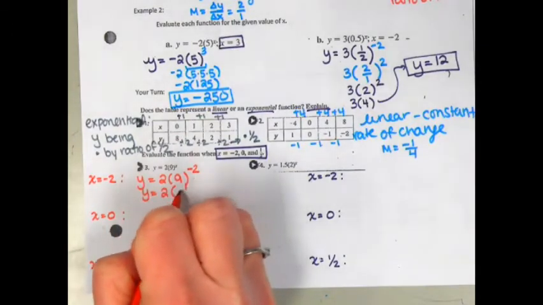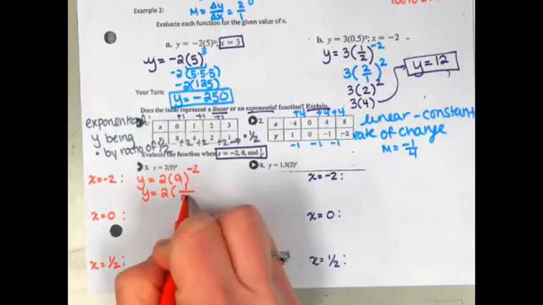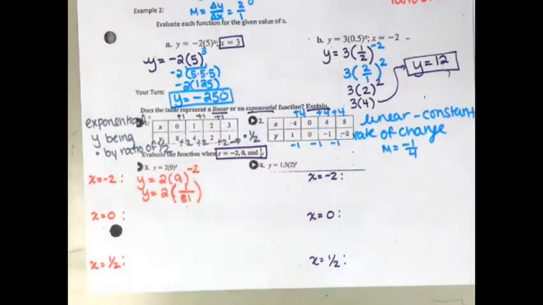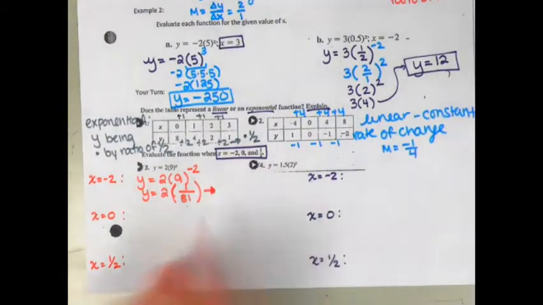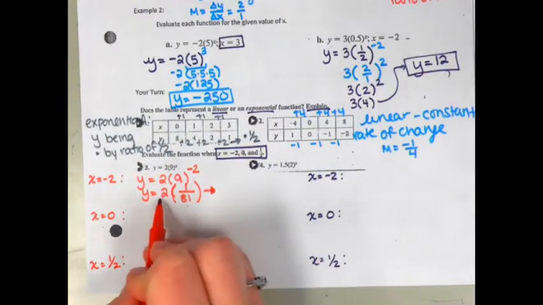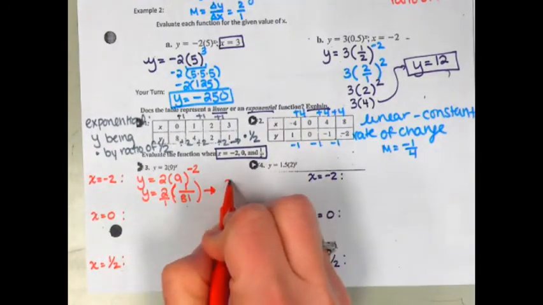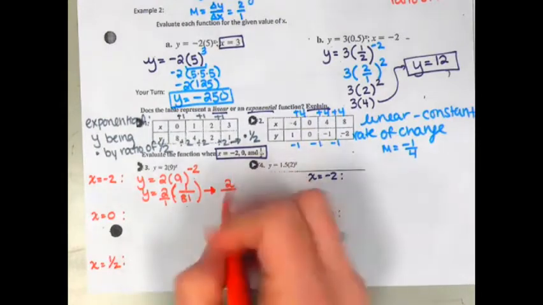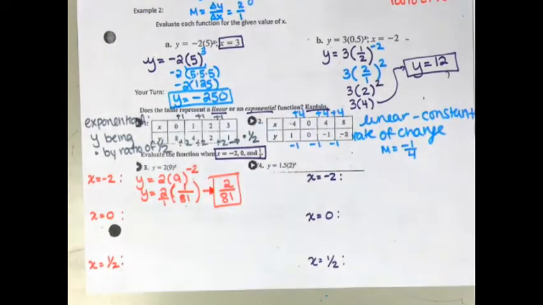So this is 1 over 9 squared, which is 81. So 9 to the -2nd power is 1 over 81. Now what's 2 times 1 over 81? Remember, 2 is the same thing as 2 over 1. So 2 times 1 is 2, over 1 times 81, 81. So we just have 2 over 81.